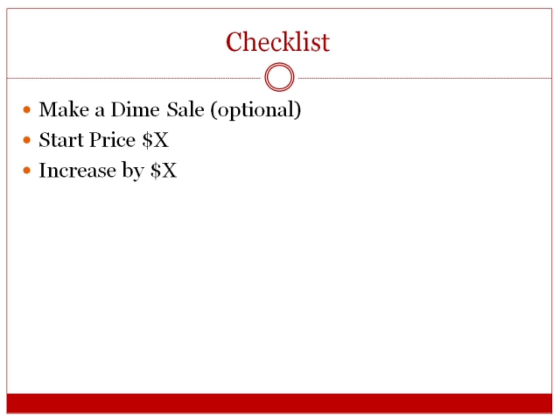You're going to need to know how much it increases by for every sale. So if the start price is $1 and the end price is $50, I could do something like it increases 10 cents or even 5 cents for every 3 sales or for every 1 sale. And that's all you need to know.